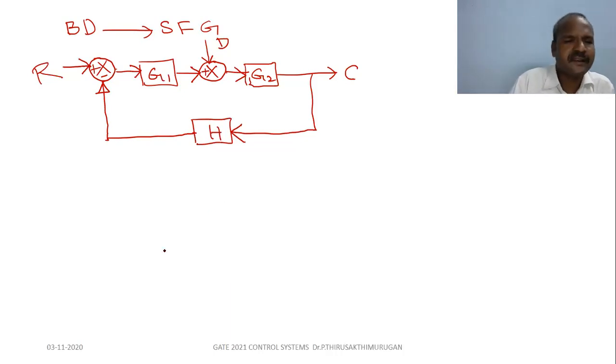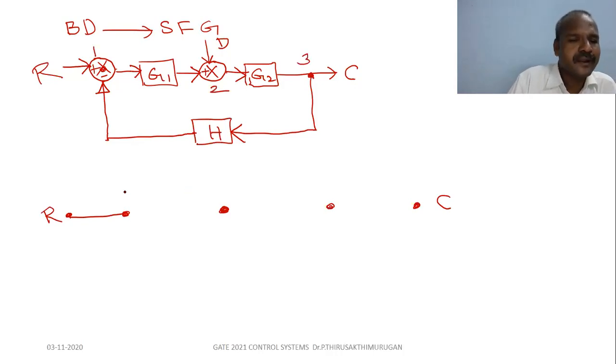What is the equivalent representation? First you take the R point. Between R and this junction, the block is considered as a node. Another summing point is considered as a node, and the feedback takeoff point is considered as another node. Then C is the final point. We can mark them as node 1, node 2, node 3.